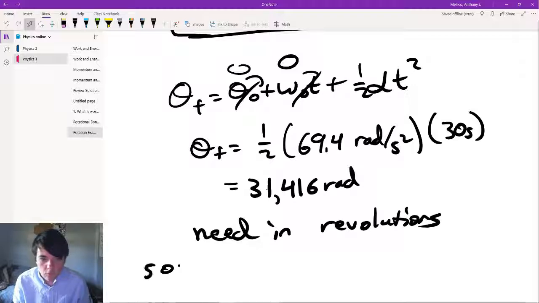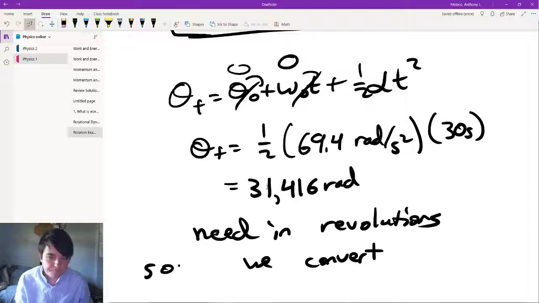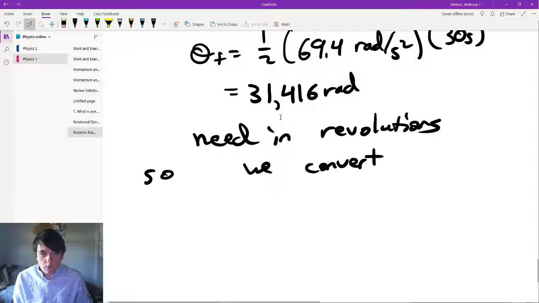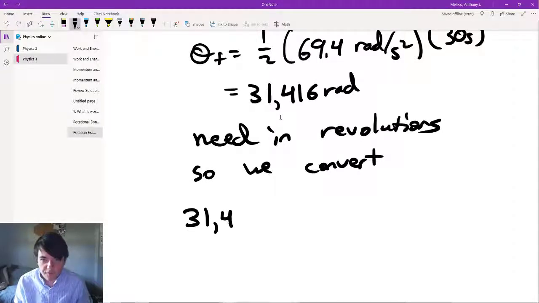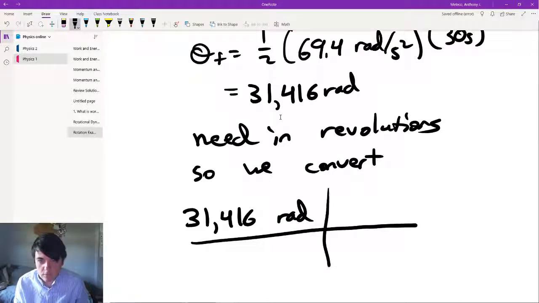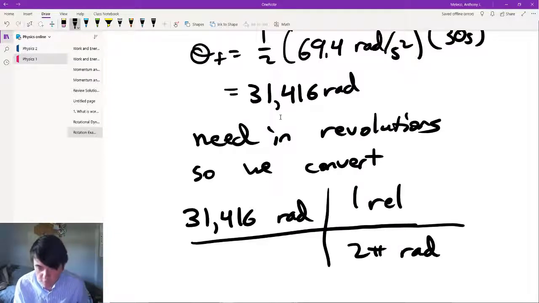So we convert. 31,416 radians, and if you remember, it's 2 pi radians per one revolution.